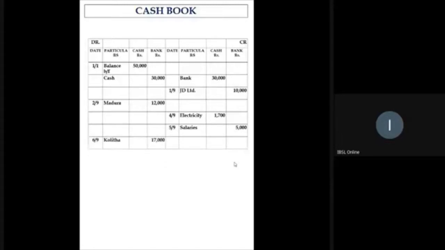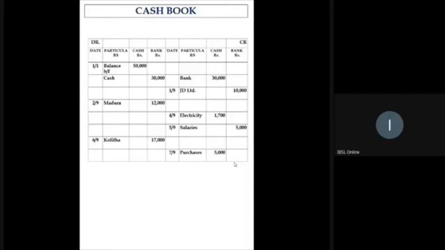He is settling rupees 17,000 by way of a check. Then they say purchase goods for 5,000 from Miloda. That is on 7th of September. Again, a cash transaction. Okay. Debit purchases, credit cash book, cash column.